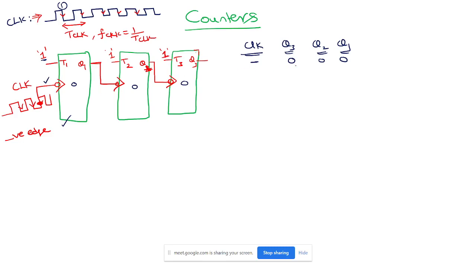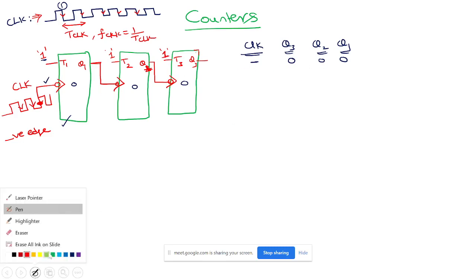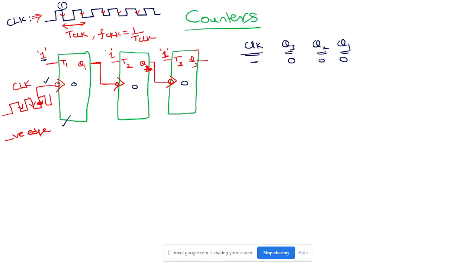The initial contents are 0, 0, 0. Now, because the first clock, the first negative edge, has come, this T flip-flop is already in toggling mode. Then the output will toggle, so Q1 will become 1.